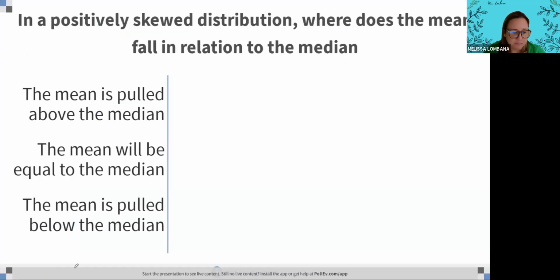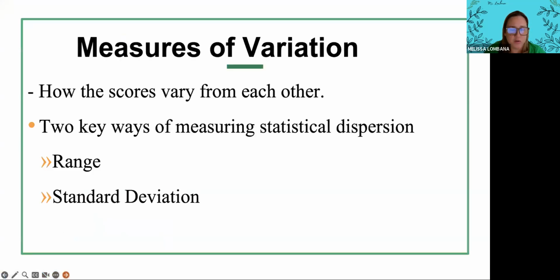Okay, now we're going to go to the next little subtopic, which is measures of variation. The best way to remember this, because they like to break down these words or use these words in the questions, is to break it down. So measures is what we're doing, right?